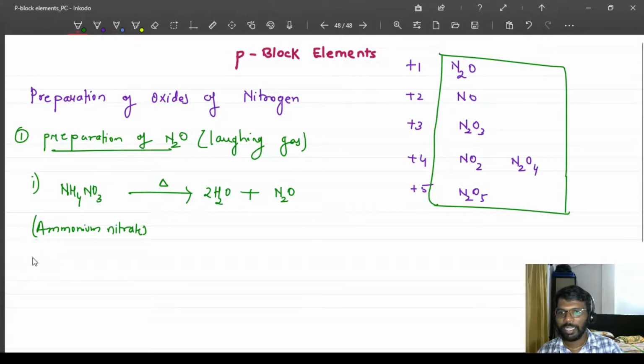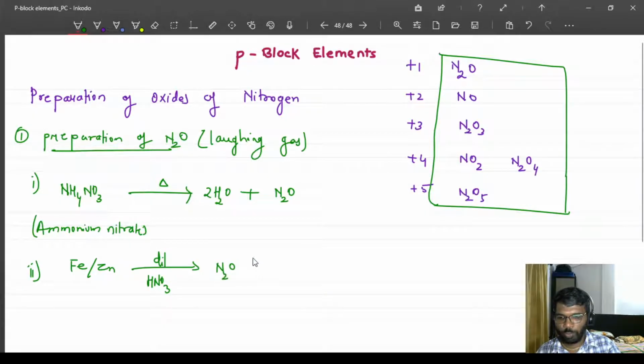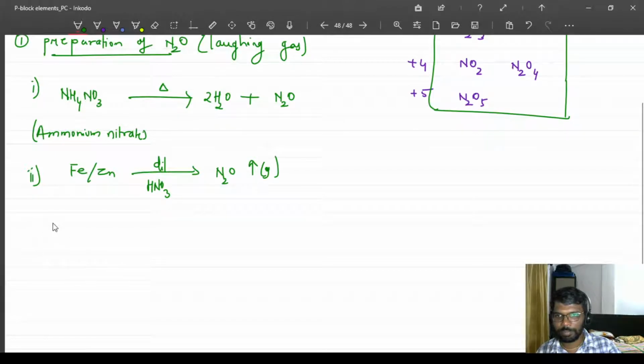Okay, second method for the preparation of N2O. If I take iron or zinc, this metal, and react it with dilute HNO3, you will get N2O, and this is a gas. Now, the characteristics of this gas: it is a colorless gas.